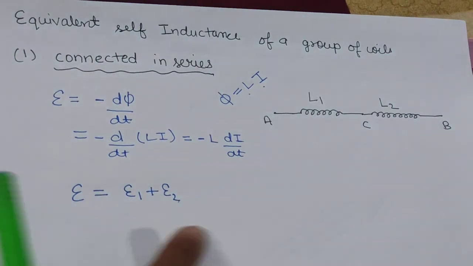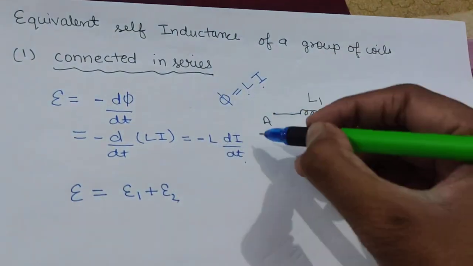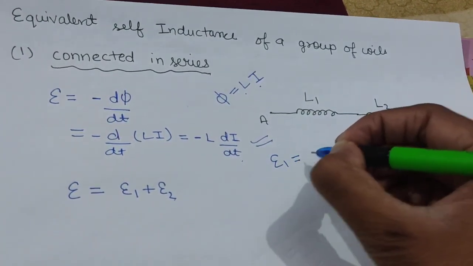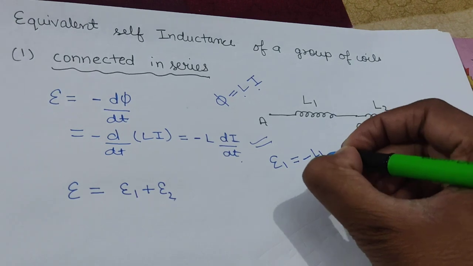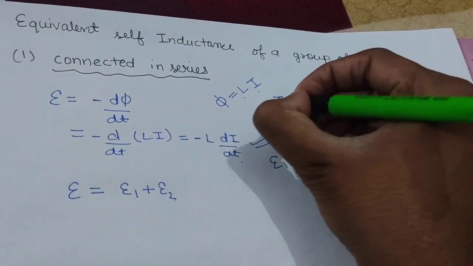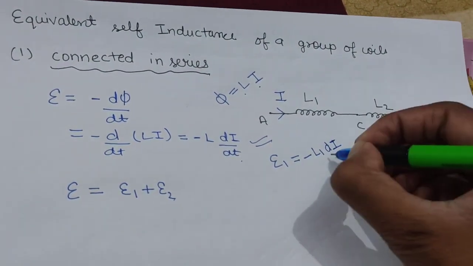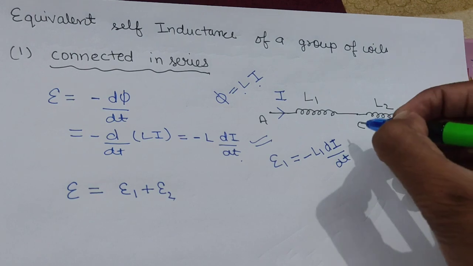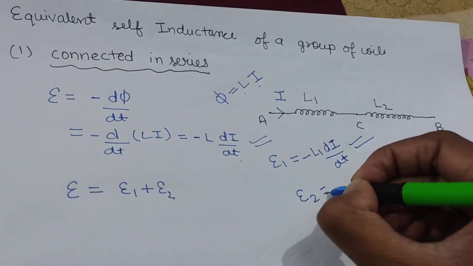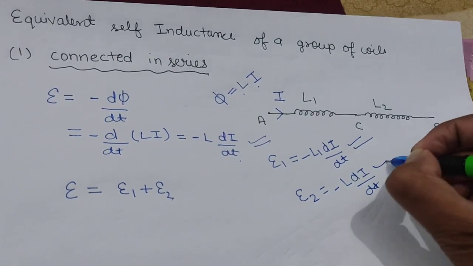For E1 we will have minus L1 di by dt, because the current is the same, the current is i here and it is constant in each of them. Secondly, E2 is equal to minus L2 di by dt.